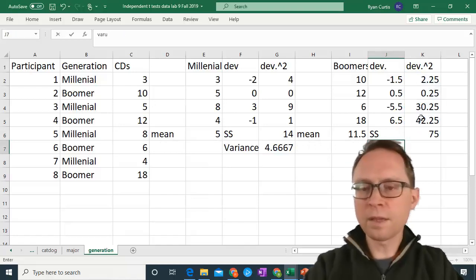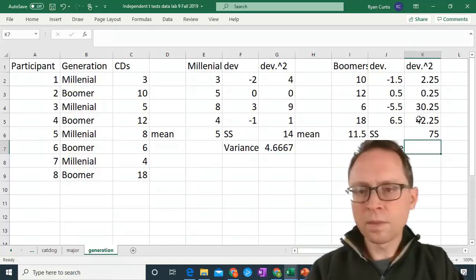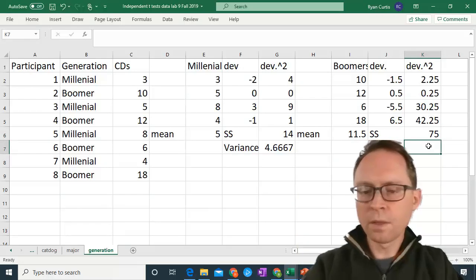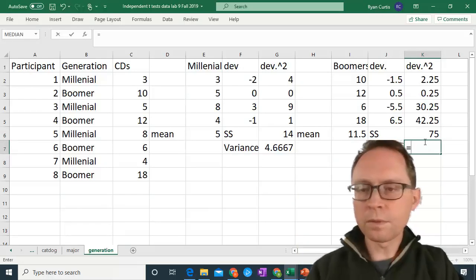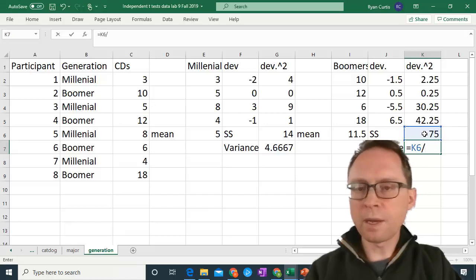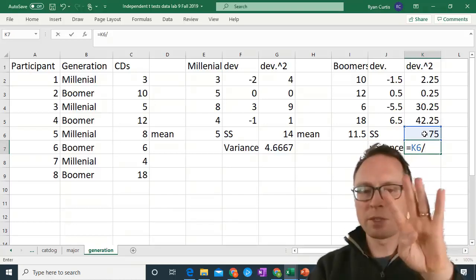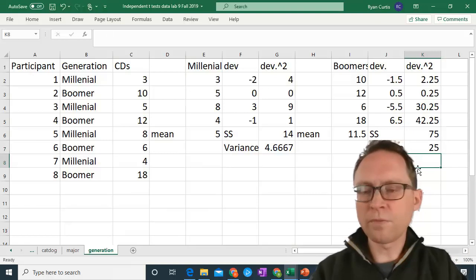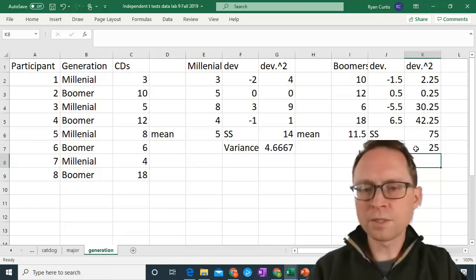Then the variance is 75 divided by n minus 1. So that equals this divided by, there are 4 boomers, minus 1 is 3. So 3, and you get 25. That's our variance.